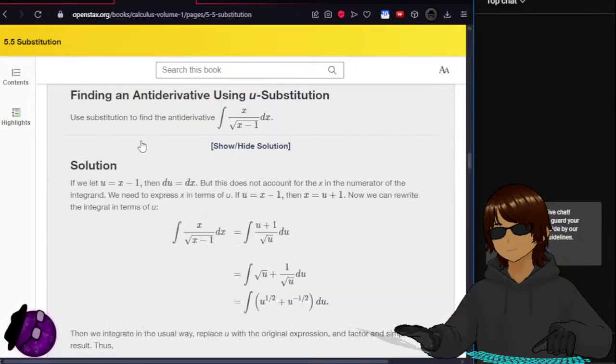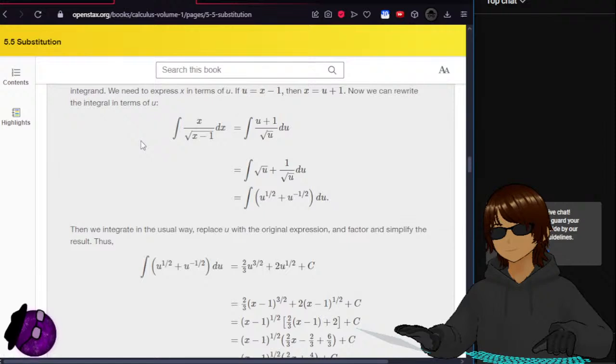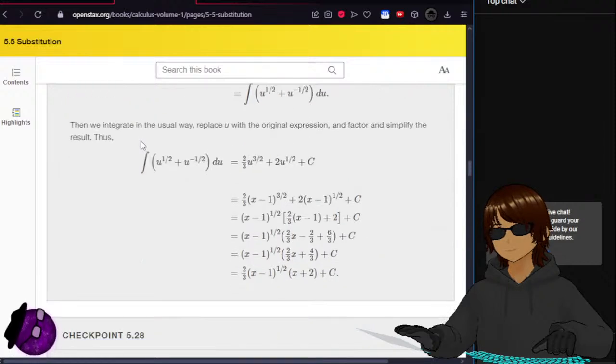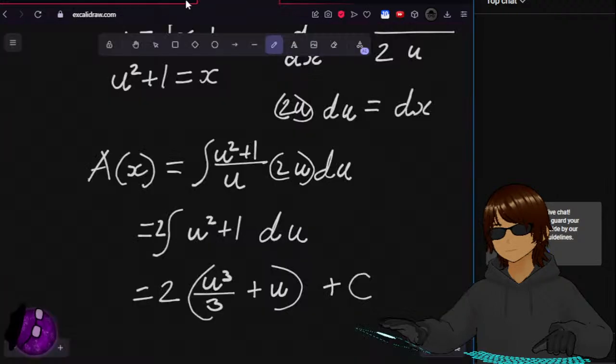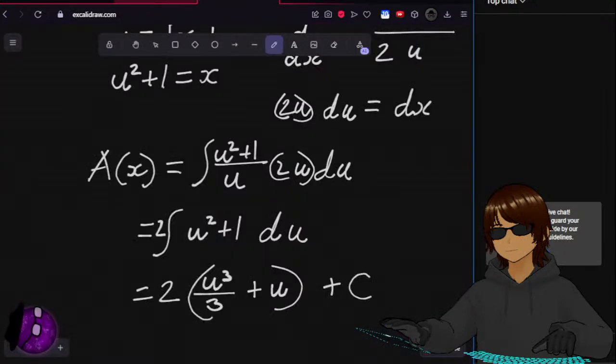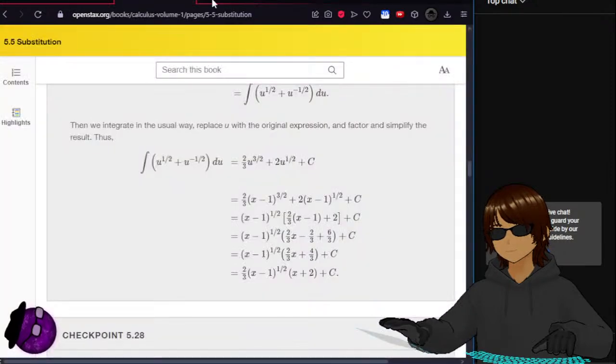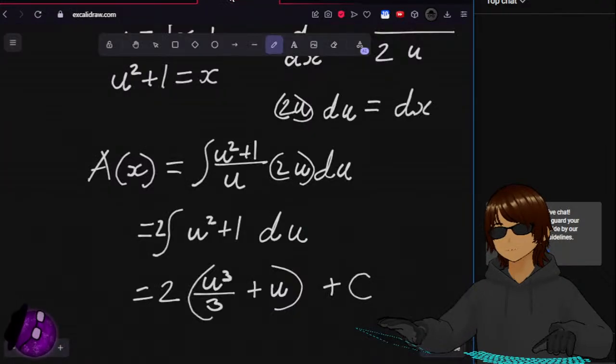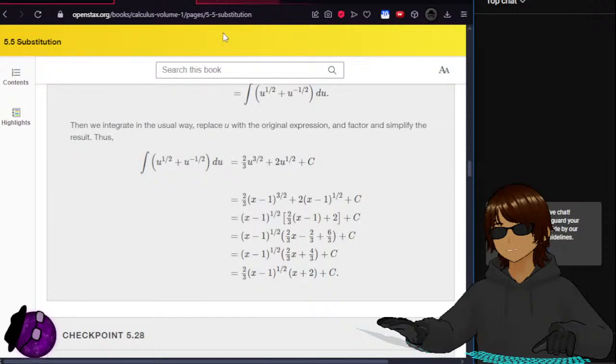Let's see. Did I get this correct? 2 over 3, half. Okay, 2 over 3. Okay, so the 2 is correct.